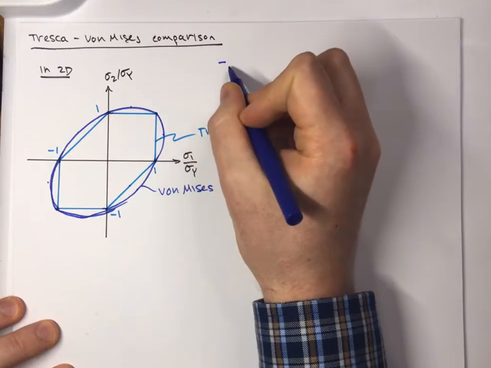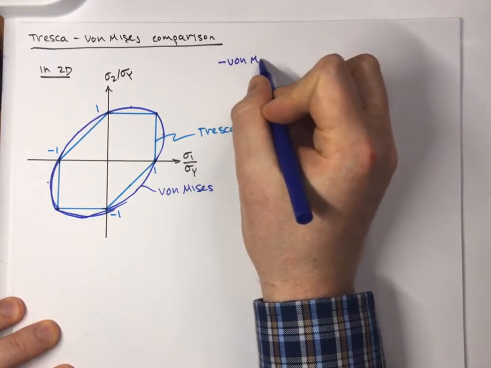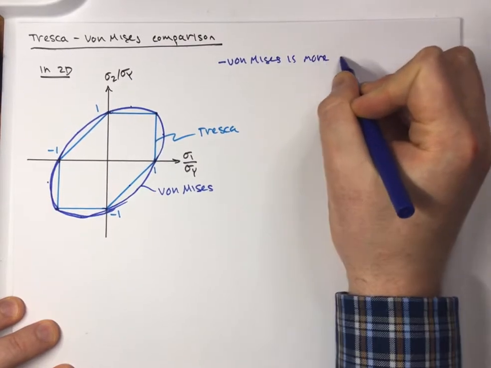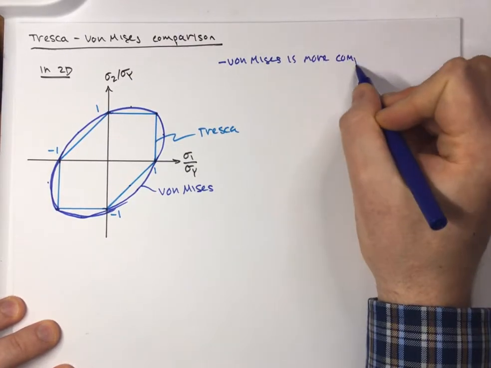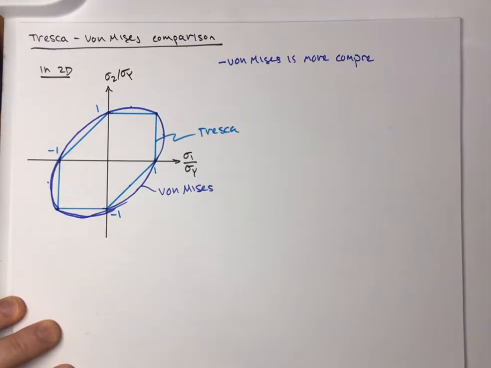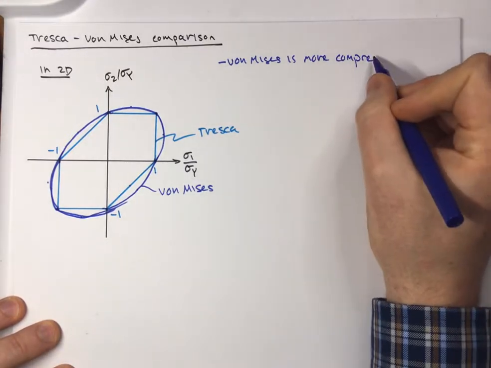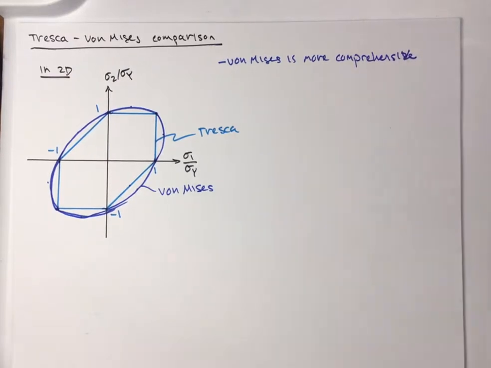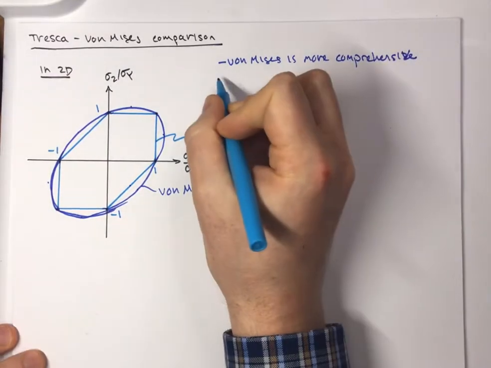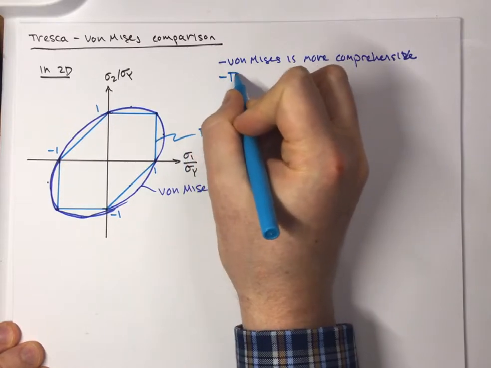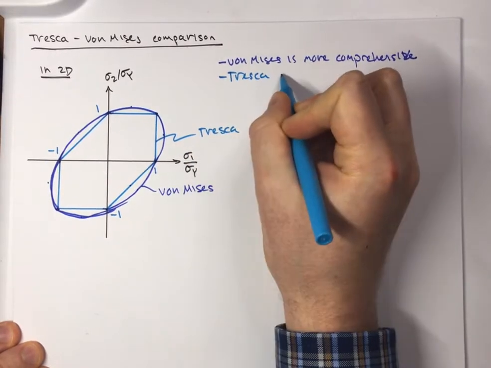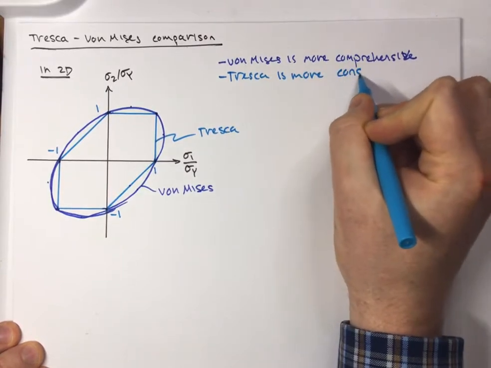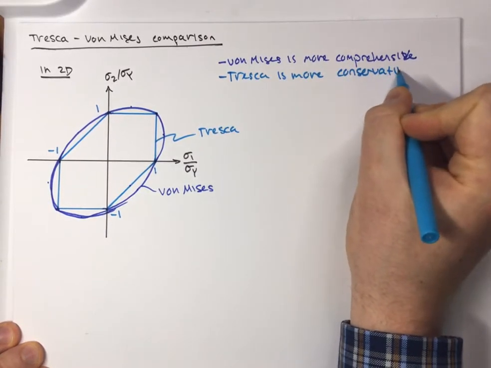The von Mises is more comprehensive, so it is taking into account the strain energy. And the Tresca is more conservative. So it's certainly simple, and it is more conservative.